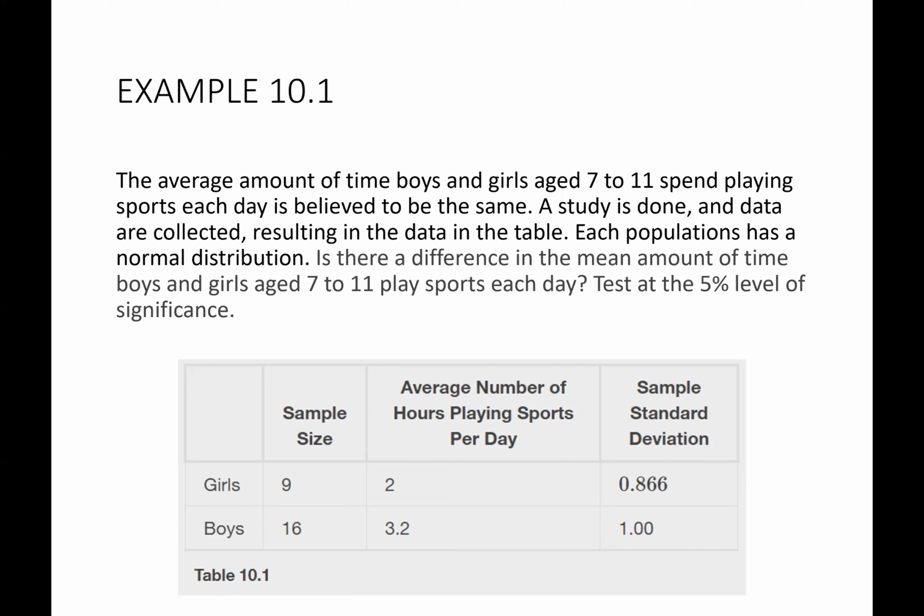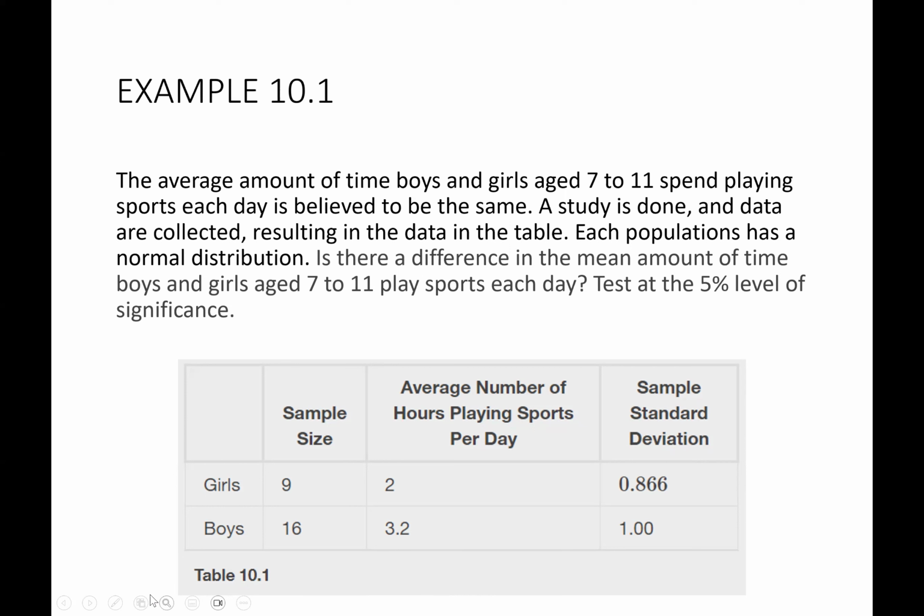Each population has a normal distribution. Is there a difference in the mean amount of time boys and girls aged 7 to 11 play sport each day? Test at a 5% level of significance.